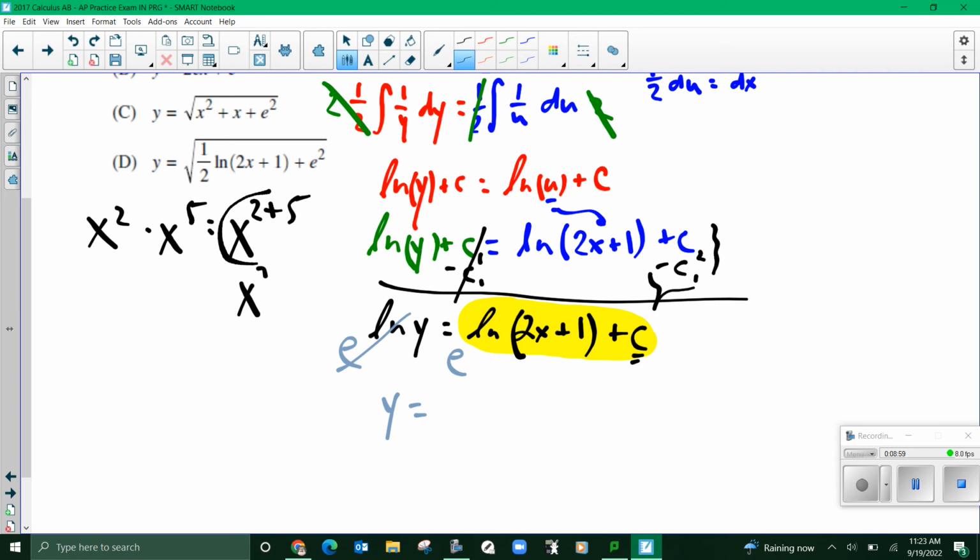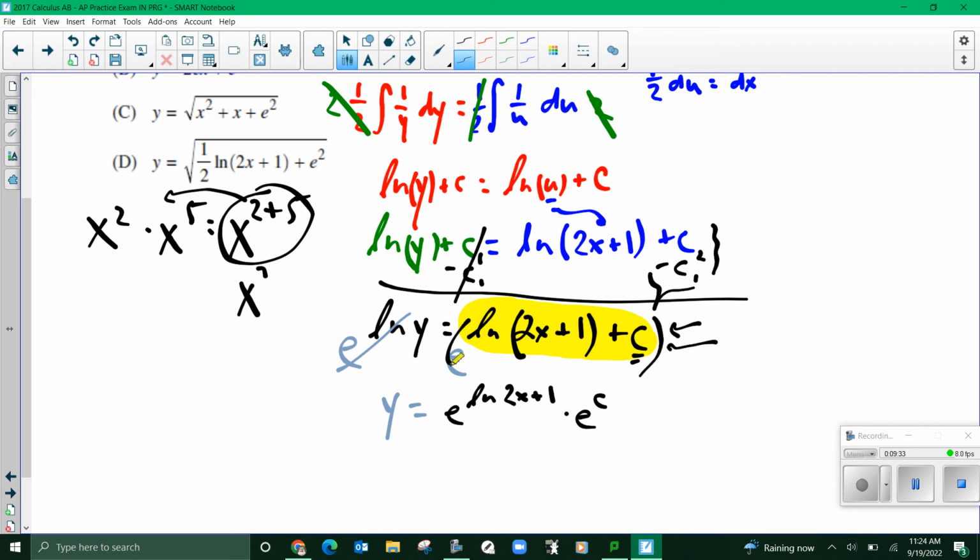Now I have this on this side, and what I'm going to do is break it apart into my multiplication. So I have e to the ln of 2x plus 1 times e to the c. If I were to multiply those two things together, I would end up with this position right here.